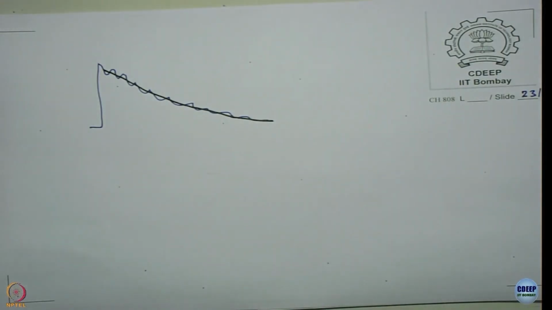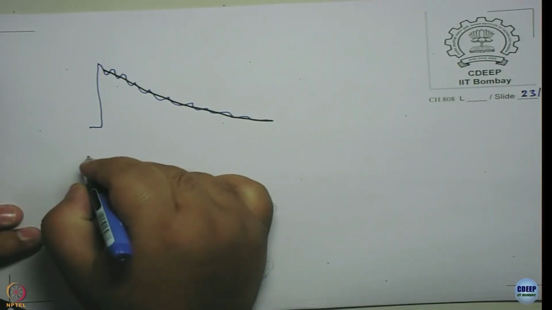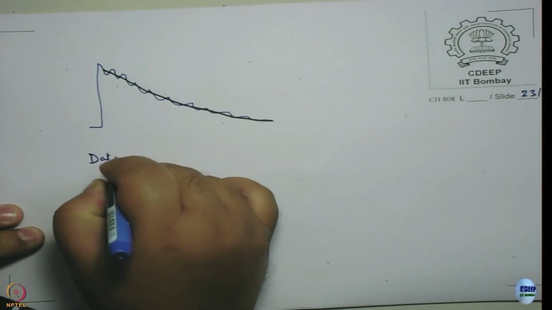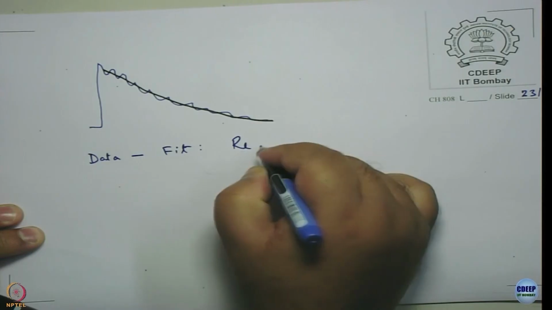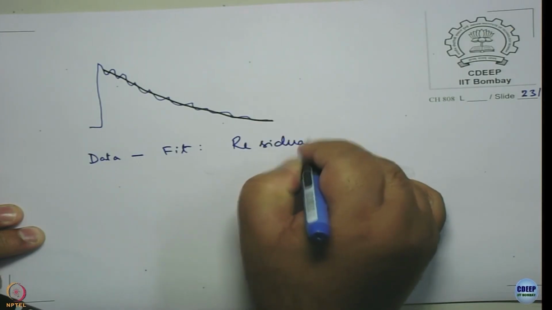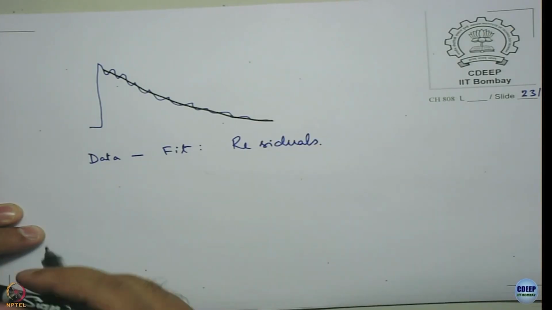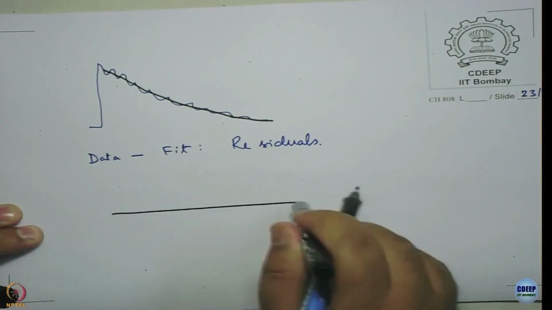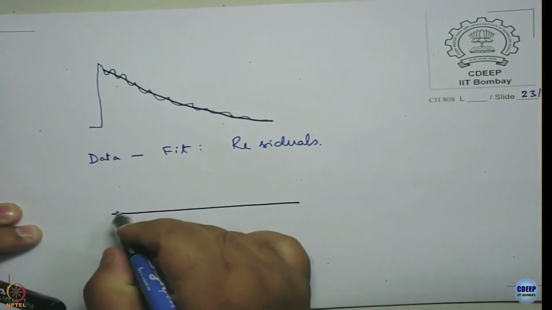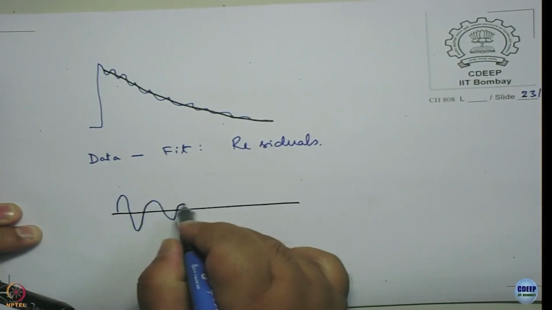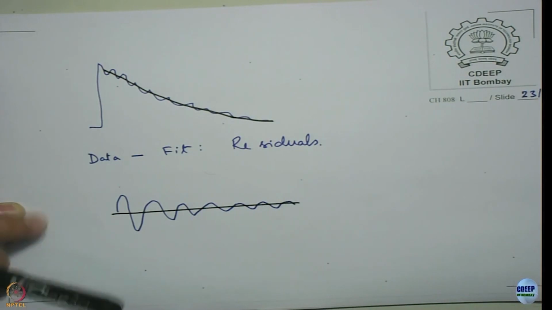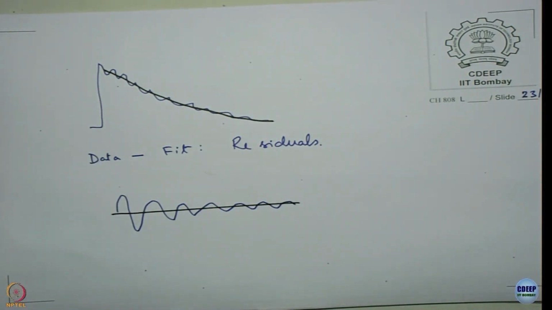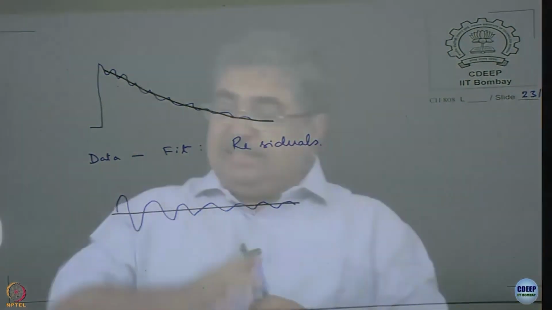If you subtract your fit from data, then you essentially get the residuals, and they would look like this. A damped oscillation.